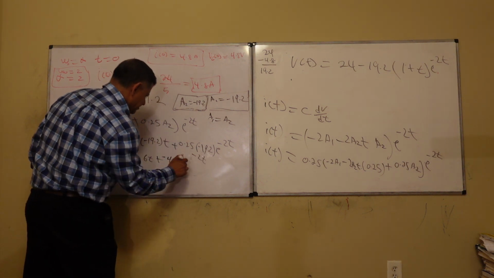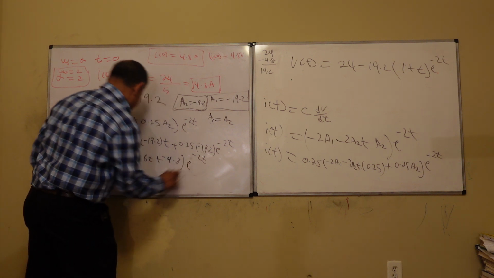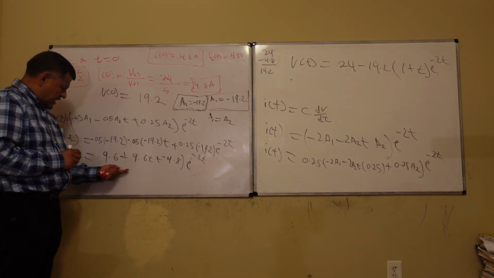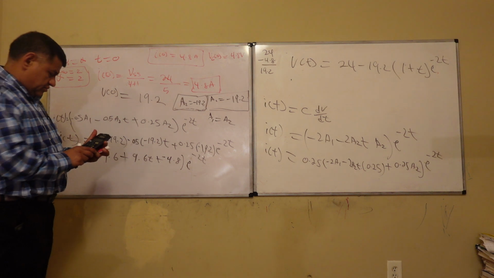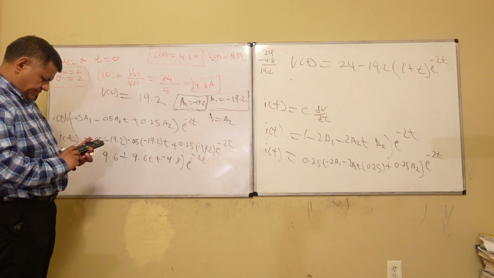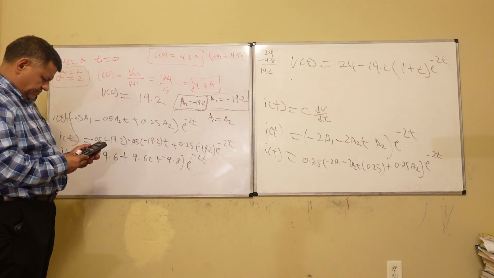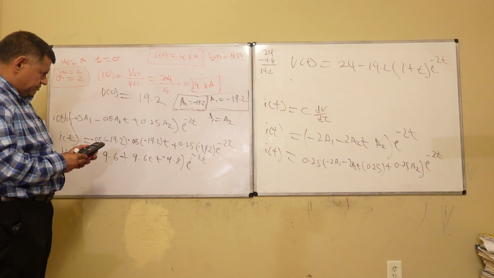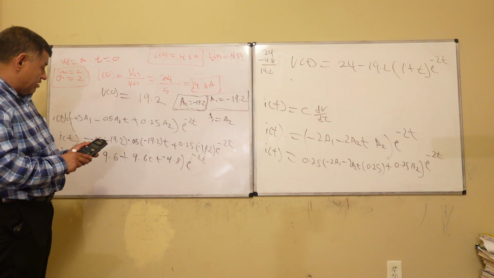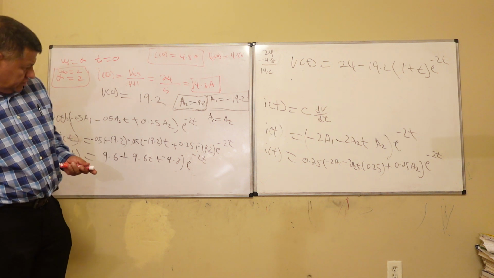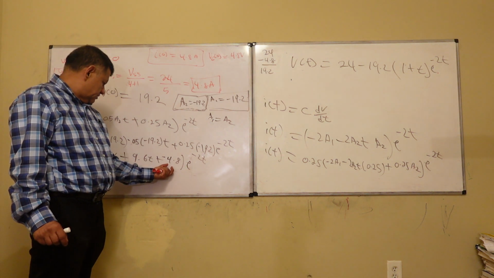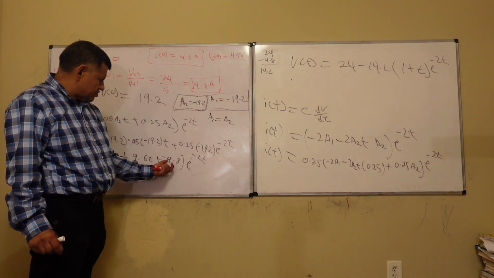Okay, so now e to the 2t. If you think about it, what are we doing? In this case, let's see, that's negative.